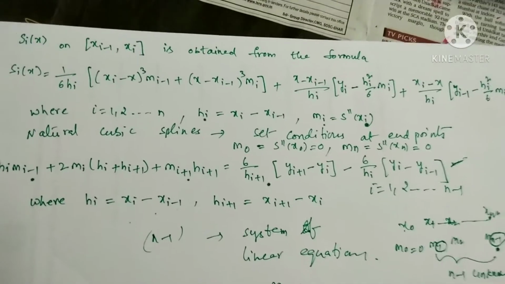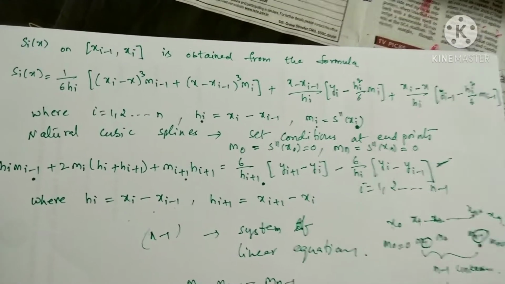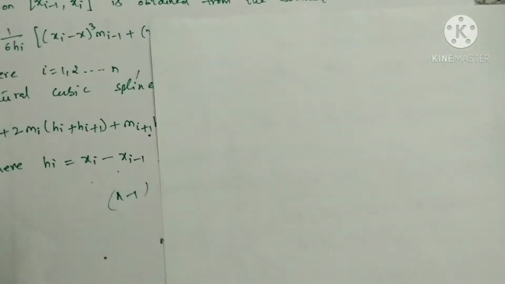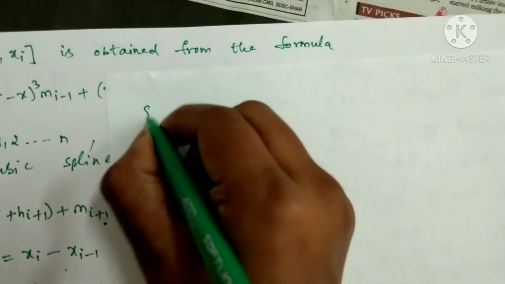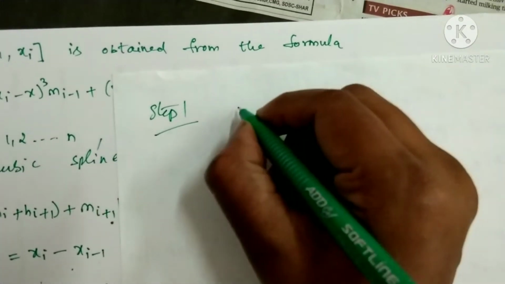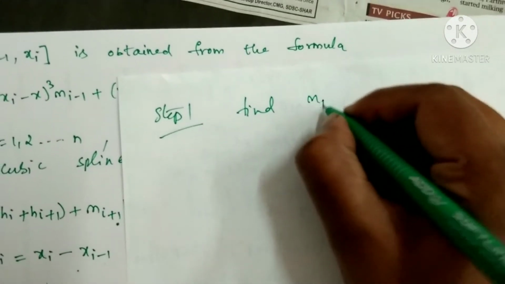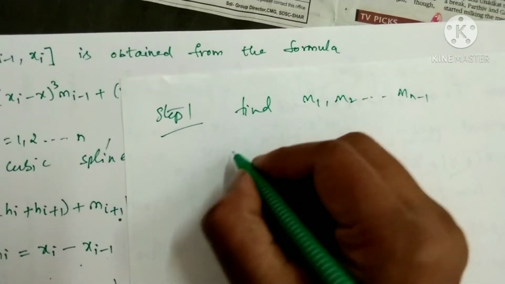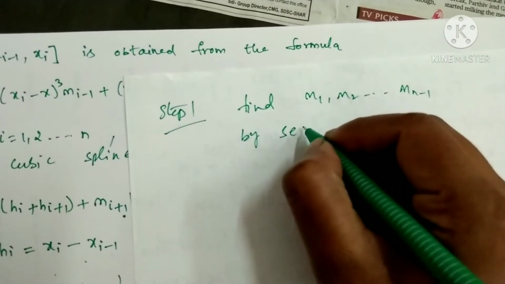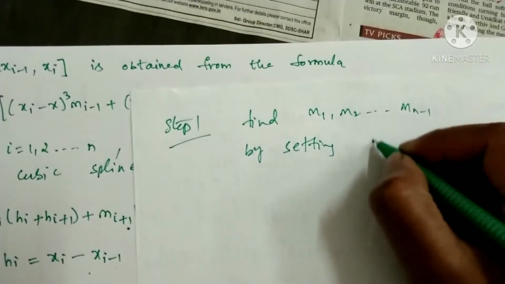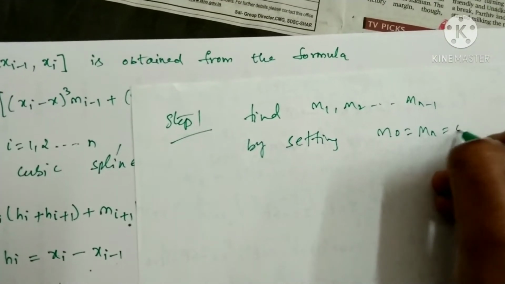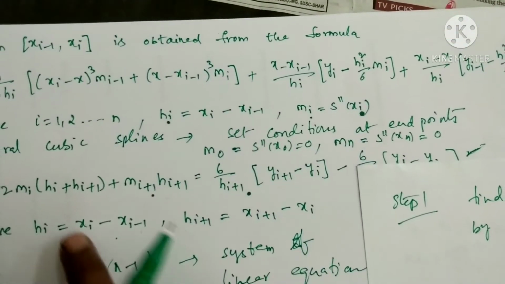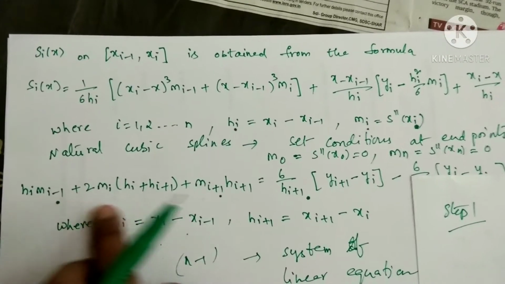Right? While finding cubic spline functions, we must remember the steps as follows. In step 1, we need to find M1, M2 and so on M(n-1) by setting the conditions M0 = Mn = 0, for which we use the recursive formula that is shown here.